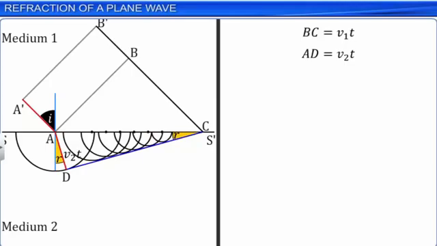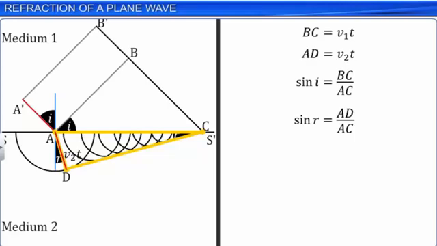Since angle BAC is equal to I, from the triangle ABC we have sin I is equal to BC by AC. Similarly, as the angle ACD is equal to R, from the triangle ACD we have sin R is equal to AD by AC.